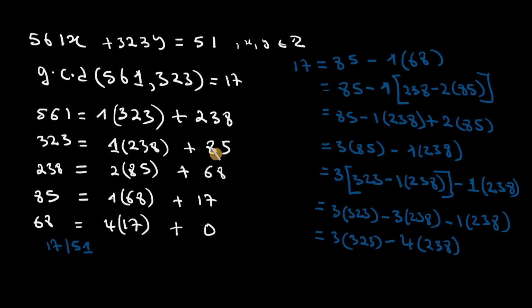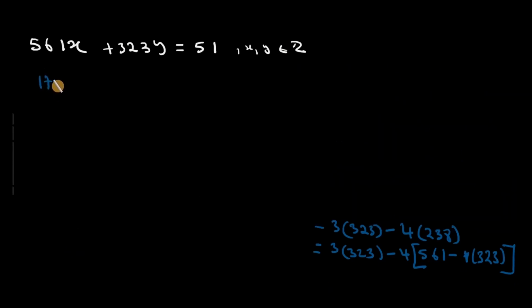Now 238 is equal to 561 minus 1 into 323. So I have to replace 238. So I have 3 into 323 minus 4 into 561 minus 1 into 323. Now I have 323 in two places. I need to make it to be 1, so I need to expand and simplify.